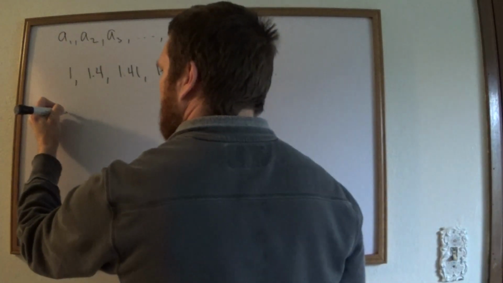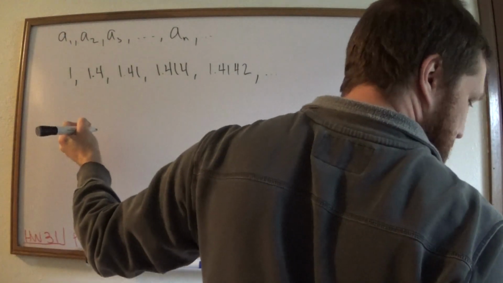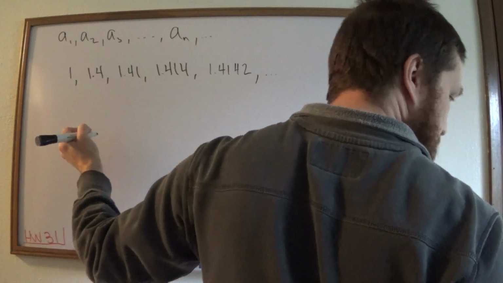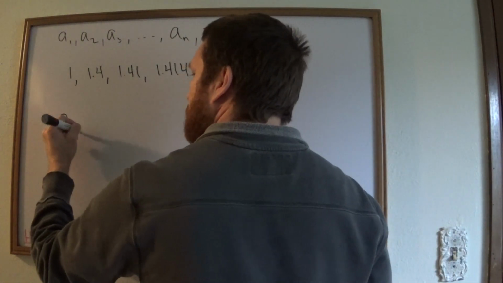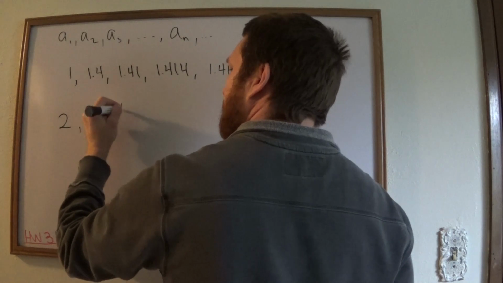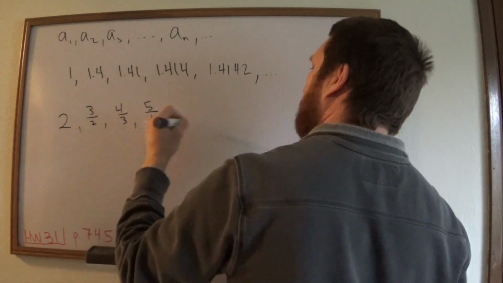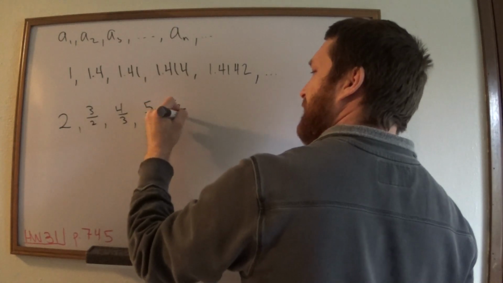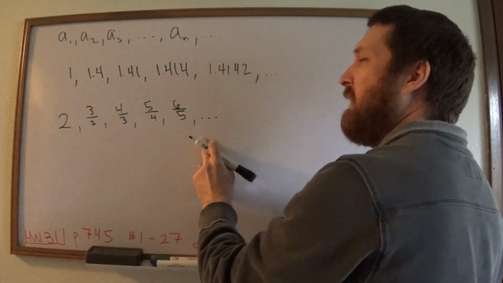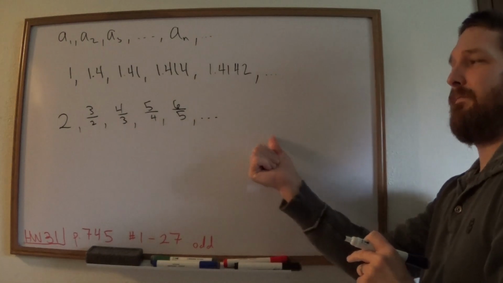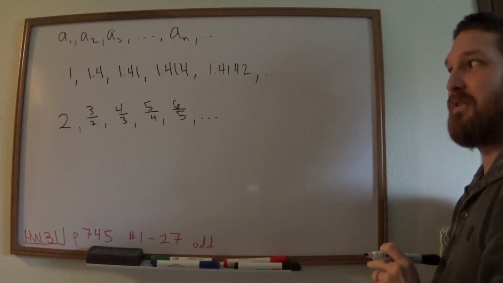Here's a sequence. Here's 1, 2, 3 halves, 4 thirds, 5 fourths, how about 6 fifths, and so on and so on. This is converging to a number. Can you guess what number it's converging to?